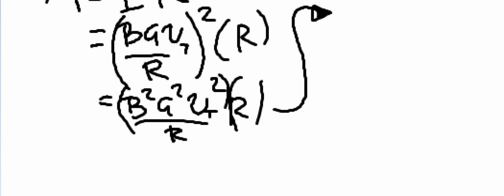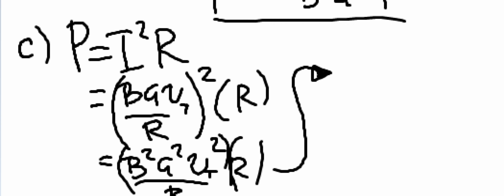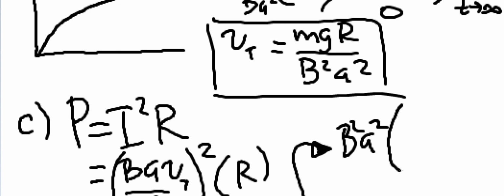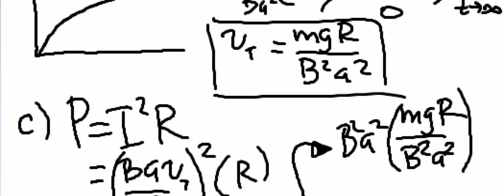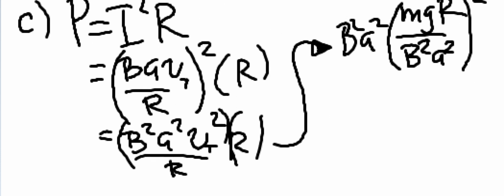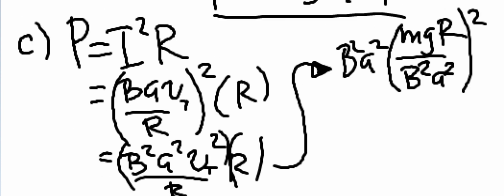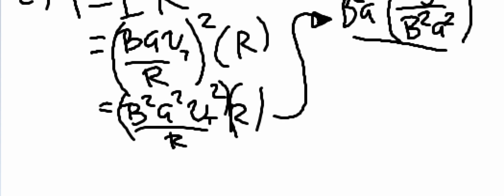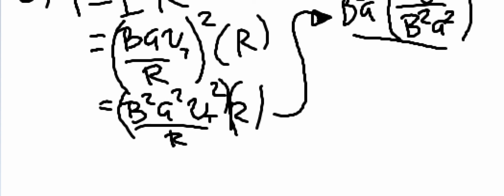We're going to plug in VT here, and it's going to be B squared A squared, mgR over B squared A squared quantity squared. This is really intense. And then this is all over R. Sorry, I forgot this squared here.